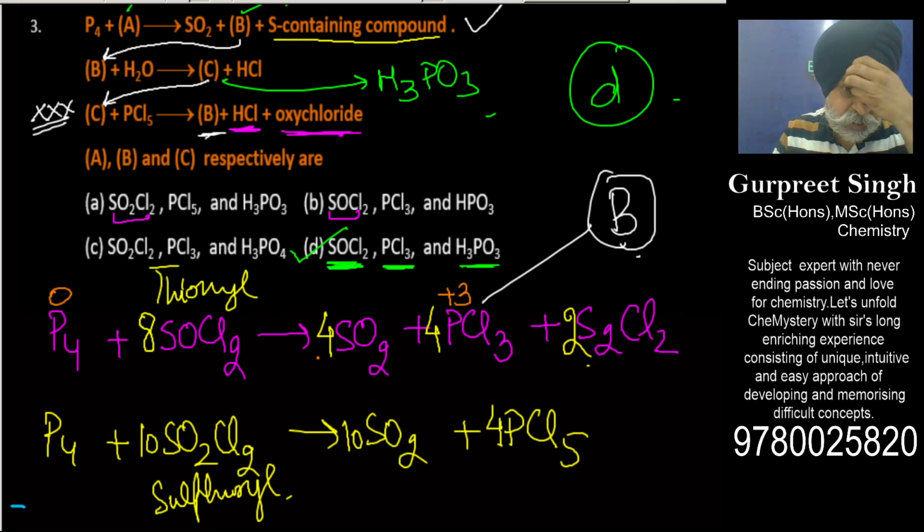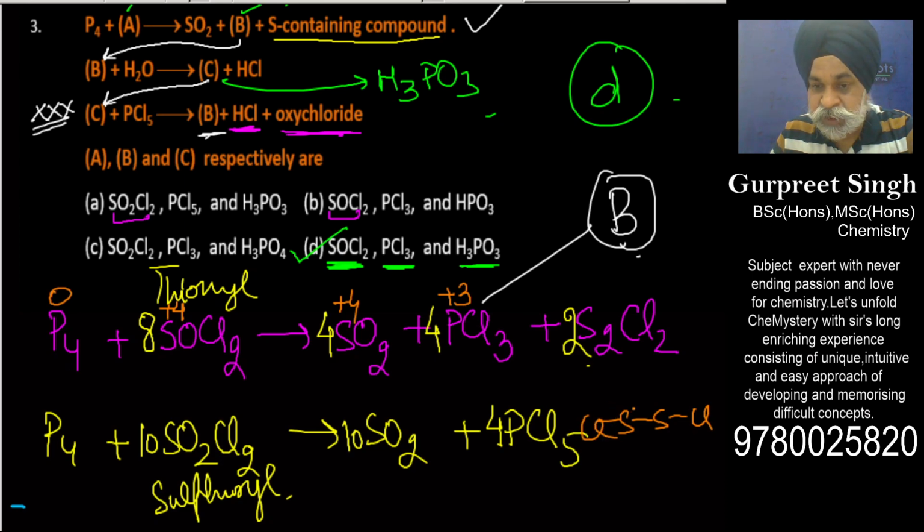Now we have to figure out who has undergone reduction. Here the sulfur is in +4. Out of 8 sulfur, there are 8 sulfur of +4. And what is the fate of those sulfurs? So 4 sulfur goes to +4. And what about this one? Here this is the structure.